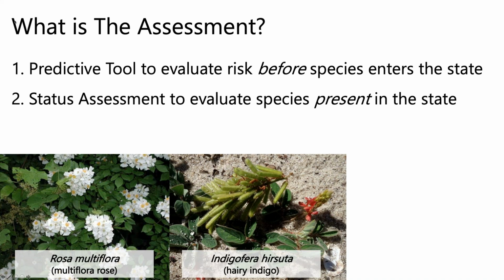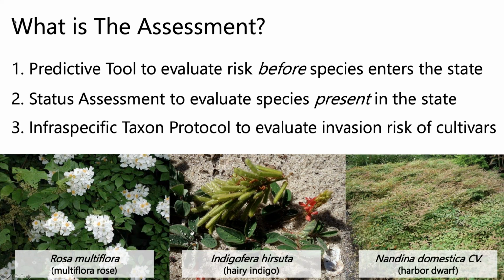So we want to identify what a species is doing within the natural areas of Florida. And then our final tool is the infra-specific taxon protocol, which is a mouthful. We just call it the ITP. This evaluates the invasion risk of cultivars. So think hybrids, varieties, cultivars of known invaders.